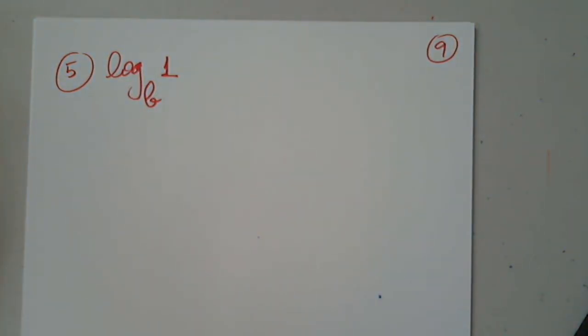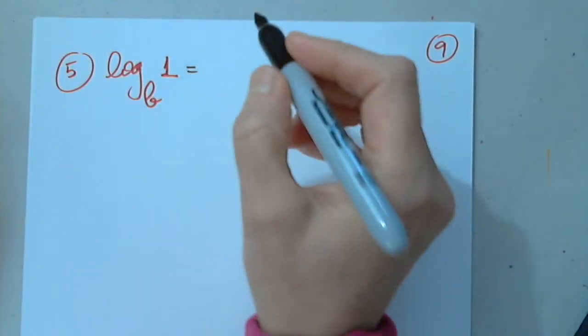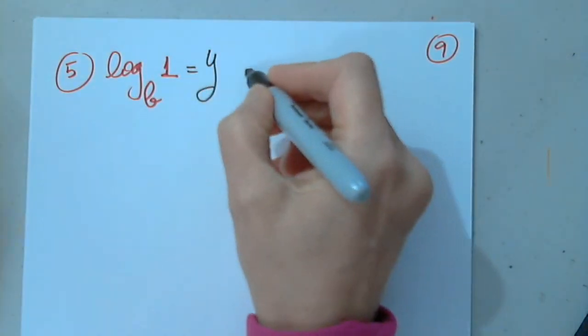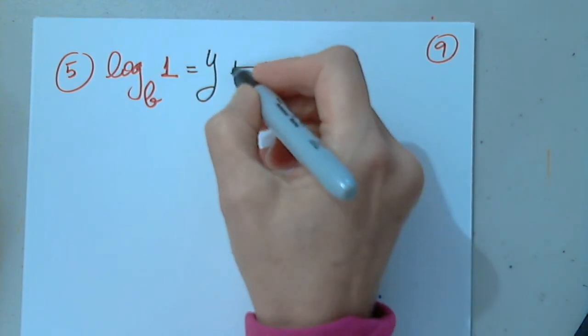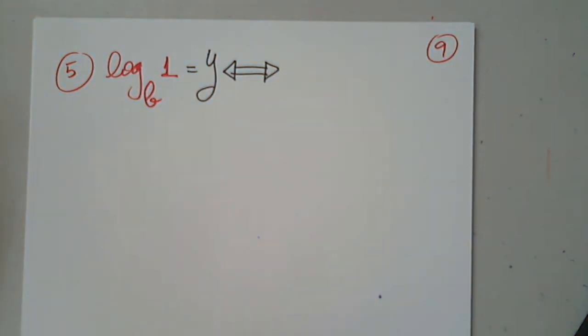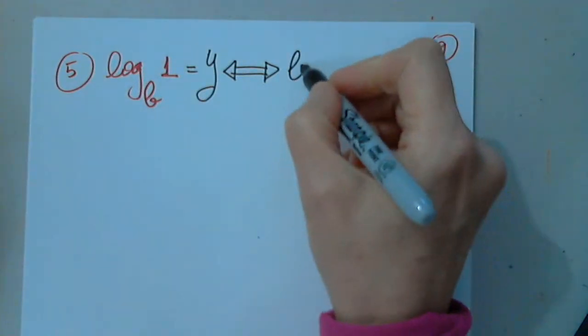You can say, I have no idea what this means. Fine, no worries. We know it's y. We know how to write the equivalent exponential equation. Can anyone give us the exponential equation that replaces this log equation? b to the power of y equals 1.